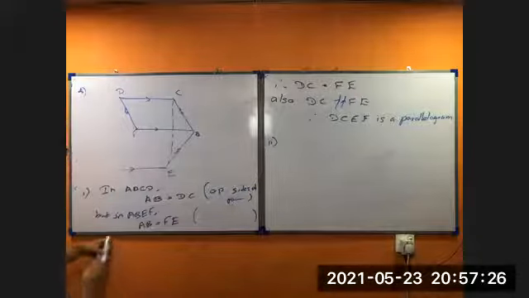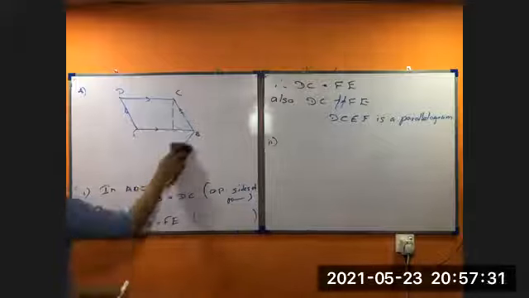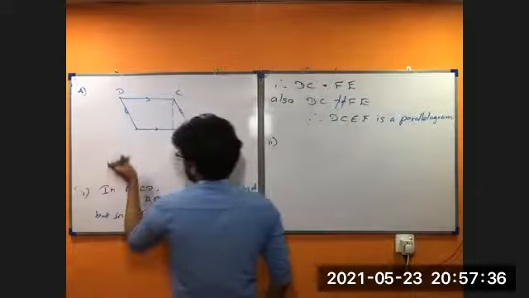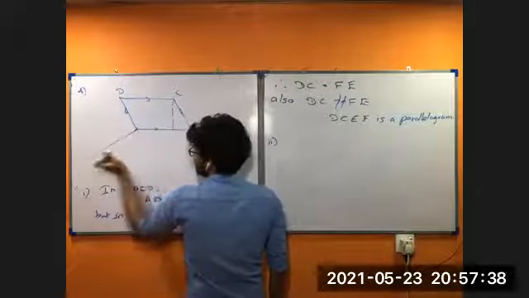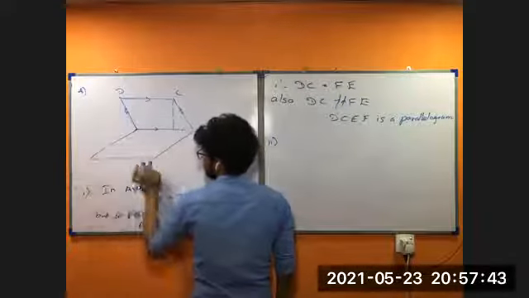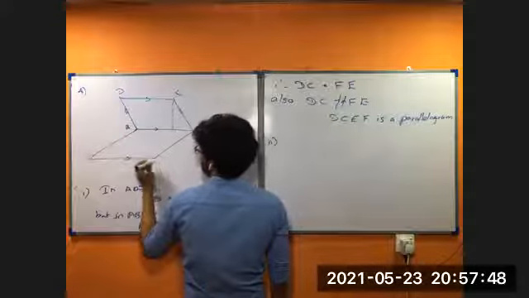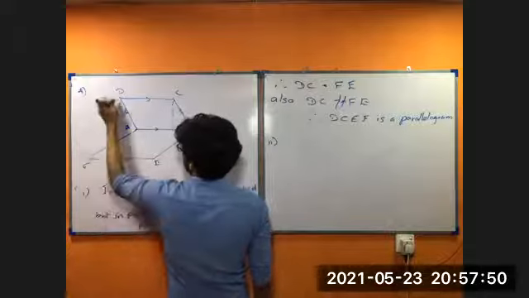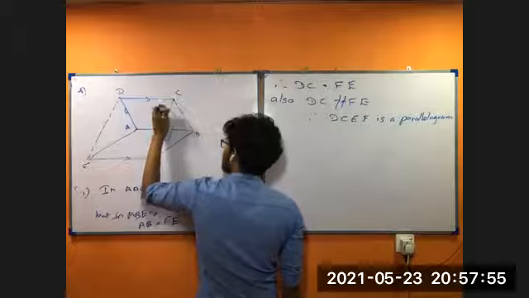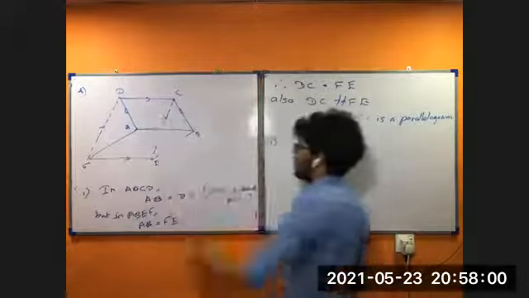So this is going to be something like this, right? This side is parallel to this side because it is a parallelogram. We already proved.